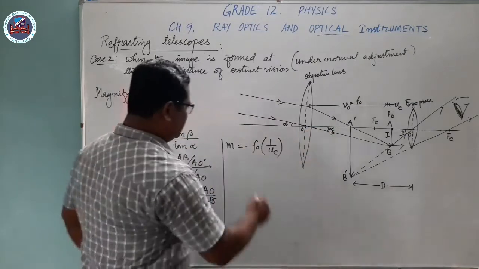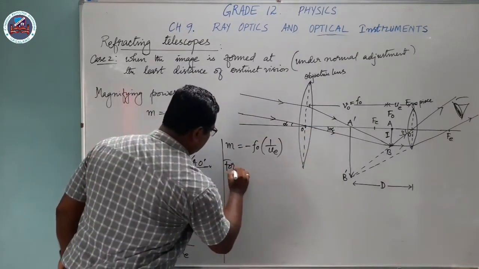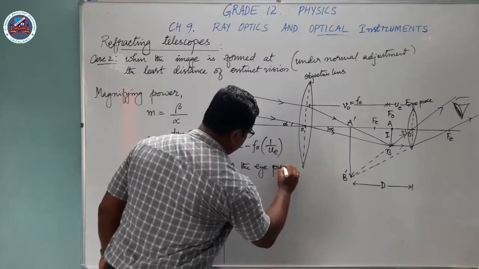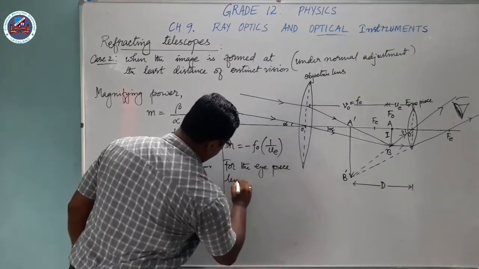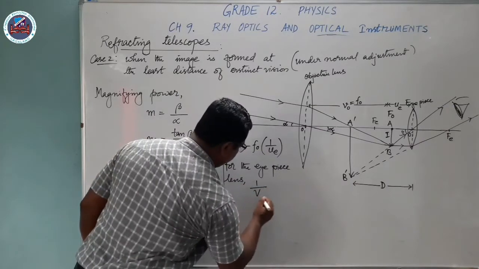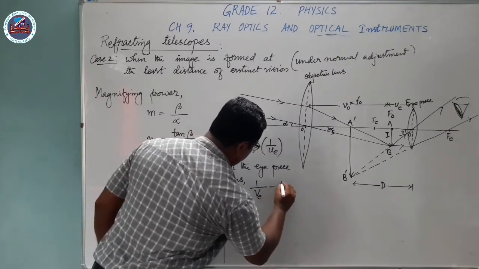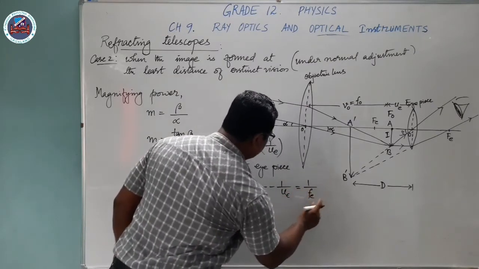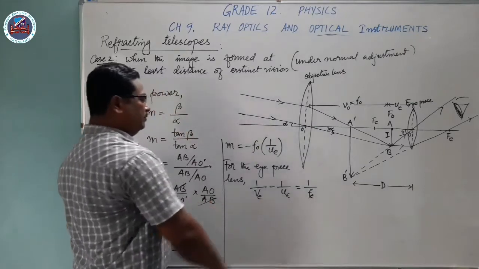For the eyepiece lens, use the lens formula, 1 by V minus 1 by U is equal to 1 by F. This is all for the eyepiece lens, so I have written FE, UE, VE.